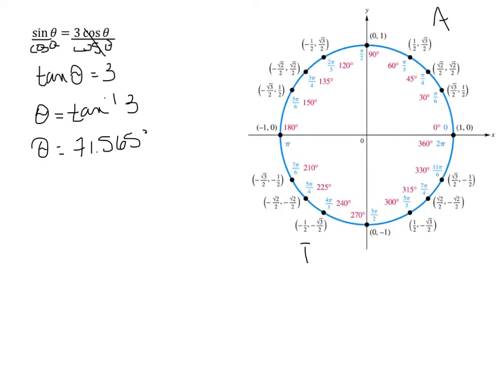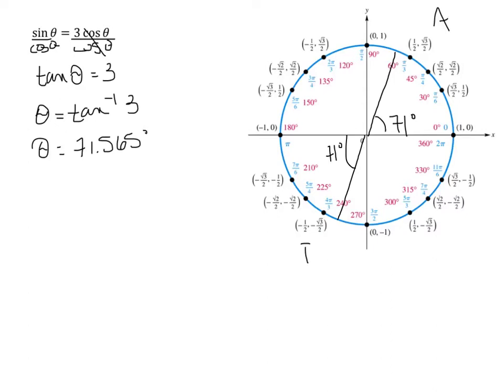So I have to find the location of this angle in quadrant 3. If I think about where 71-ish degrees is, it's right here. In quadrant 3, I'll be looking for a reference angle that is 71 degrees, which will end up being here.